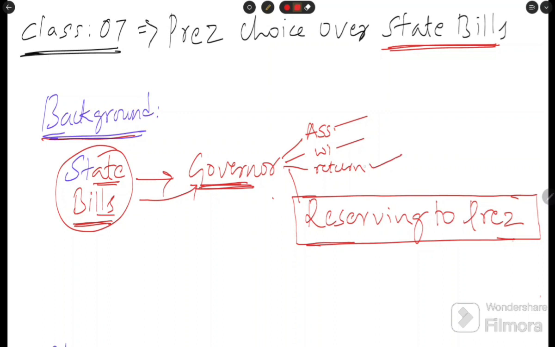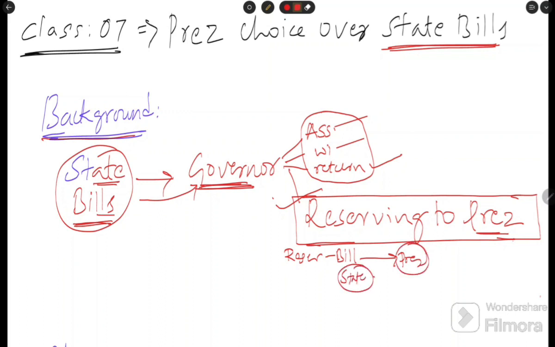But in addition to these three, he has one more choice: reserving the bill to the president. That is, the governor can reserve state bills to the president.